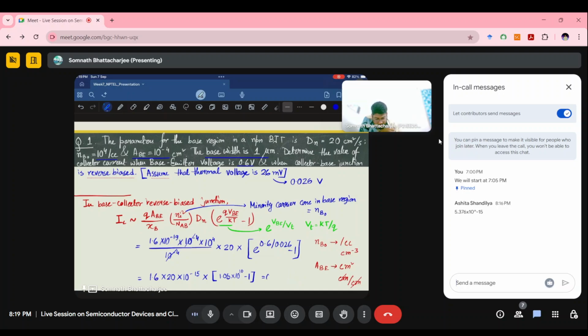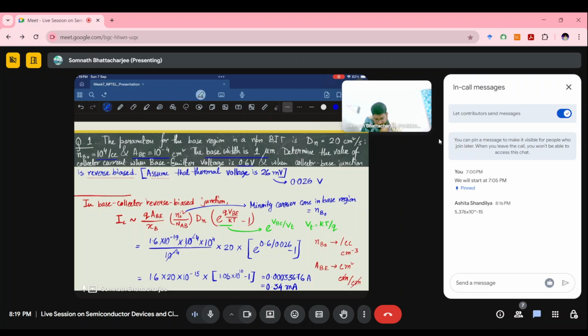So it comes out to be 0.000333676 amperes, or we can write it as 0.33 milliamperes, right? 0.33, 33.6. So let's write it as 0.34 milliamperes. Now it looks quite okay, but please redo the calculations again.